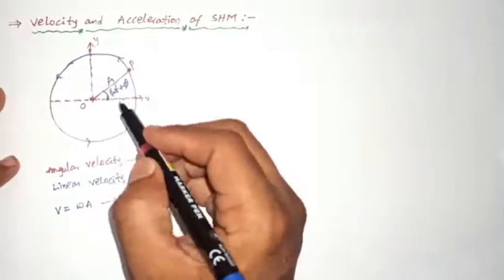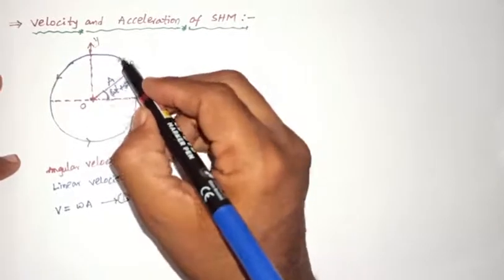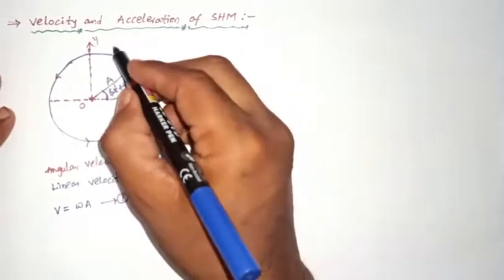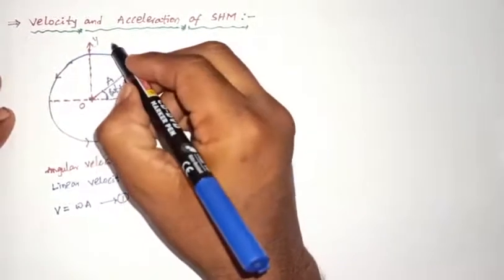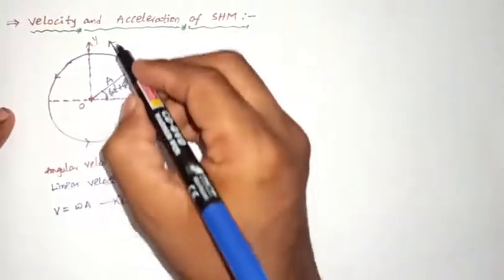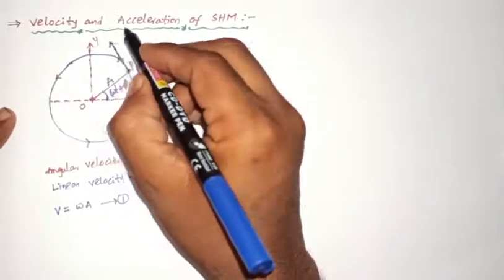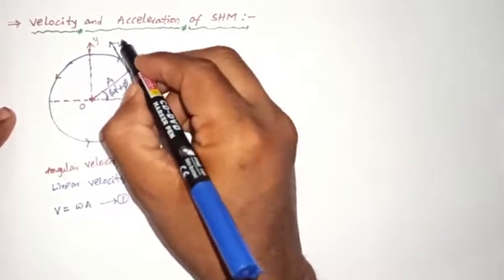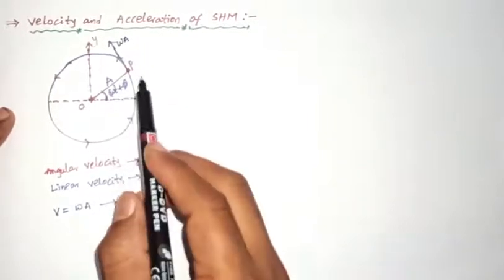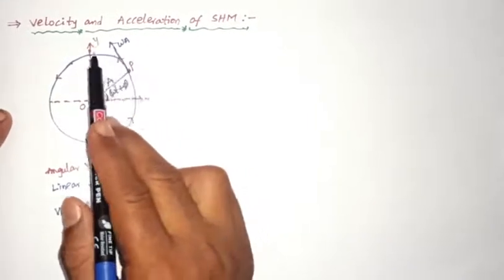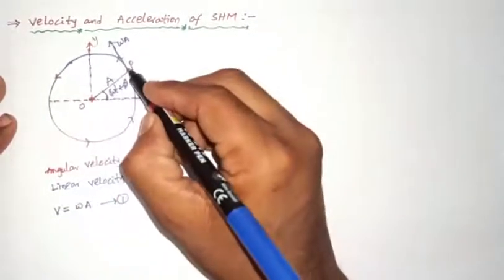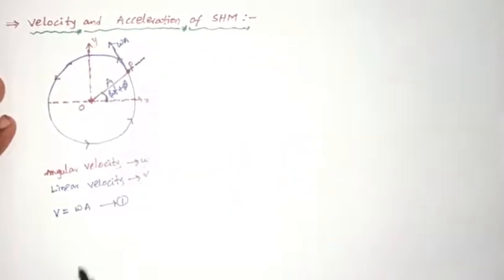Omega is the angular speed or angular velocity. The tangent at P is the direction of the linear velocity v, so the linear velocity v equals omega A. This direction is the particle position direction.